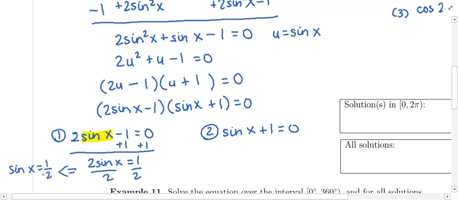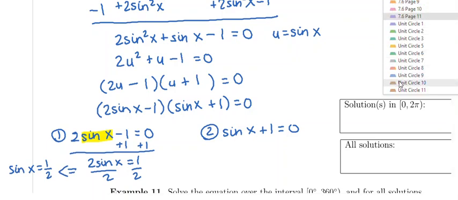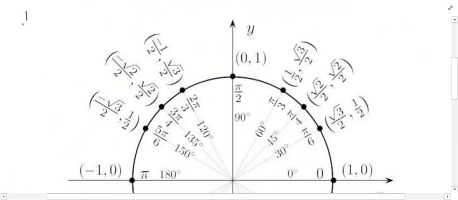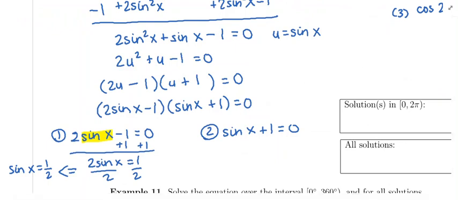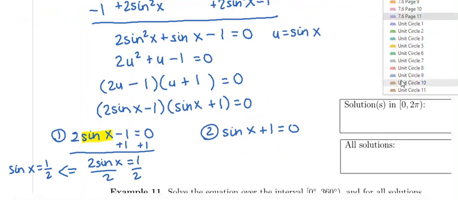So I need to go to my unit circle and solve this. I'm trying to find angles between 0 and 2 pi such that the sine of x is equal to positive 1/2. Let me make sure that I wrote that down correctly. So yes, we're going back to the unit circle.